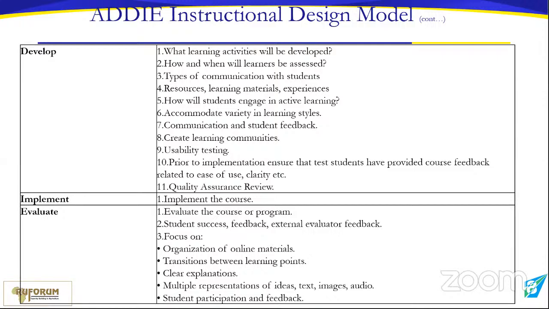So focus on the organization of online materials, transition between learning points. For example, if I'm teaching a course like introduction to programming, and maybe in the very first lecture I'm telling the students about the history of programming and talking about functions, files, and so on. Then all of a sudden, without defining the different approaches to programming, I start teaching them object-oriented programming.